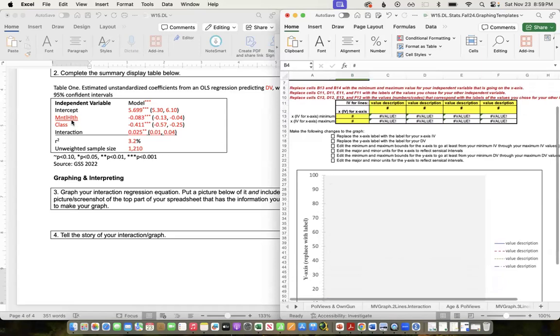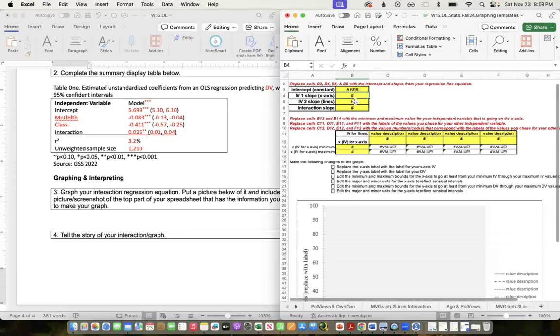But regardless of the order here, I have to make sure I line these up correctly. So the x-axis one is actually going to be class. No, sorry, it's going to be mental health, because that's the one going from 0 to 30 for the days. And the lines, I'm using class for lines, so that's going to go here. Whichever one I'm using for lines goes here. So it doesn't need to follow the order. It needs to follow which I'm choosing to put where on the graph.